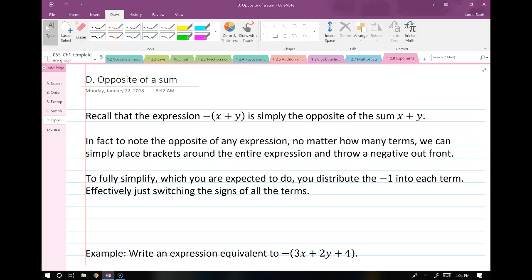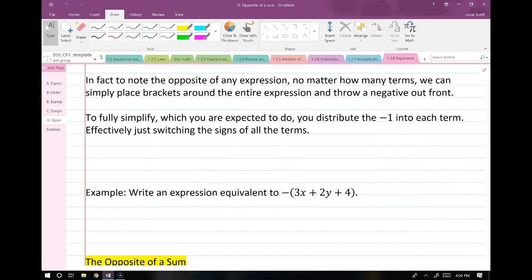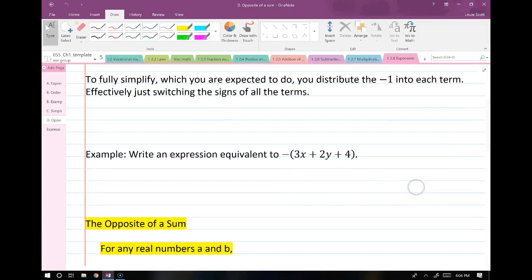However, that's not really the simplified opposite. You know, it's not really in proper form. In order to fully put the opposite, you have to distribute. You have to distribute that negative into each term, right? And so this here is the opposite of 3x plus 2y plus 4.